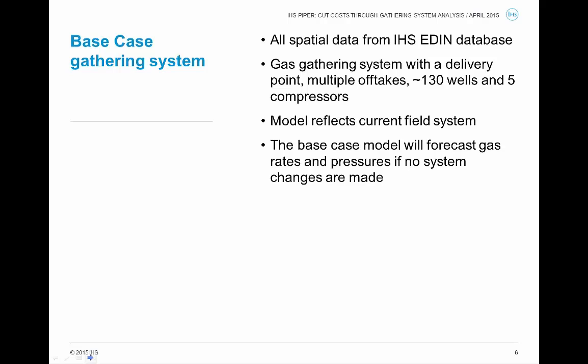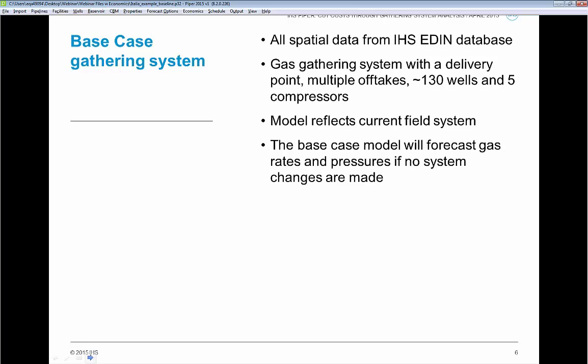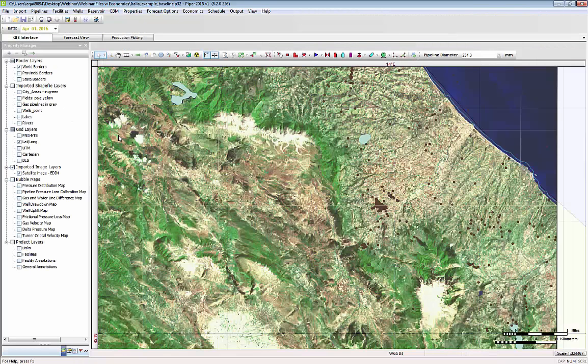Switching over to Piper now, let's take a look at this base case. This is the GIS interface for Piper. Right now, you may notice that we have a satellite image showing on the screen. This image was actually taken from IHS Eden.